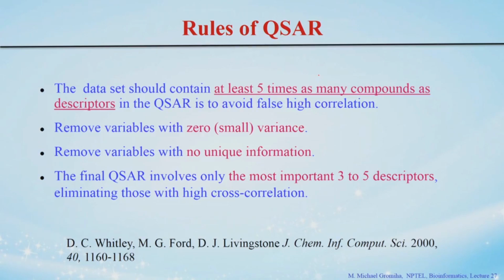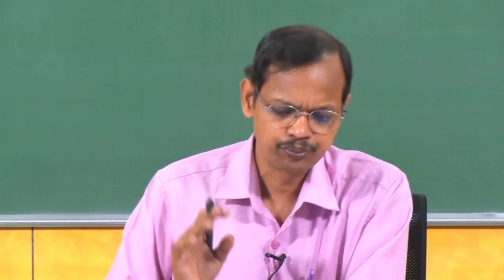Otherwise, you can fit the data, but it will cause overfitting due to the inclusion of a large number of descriptors. This will work for the training set, but it will fail in the test set or any blind set. So, you have to maintain that the descriptors or features should be as few as possible compared with the experimental data available for developing the model.